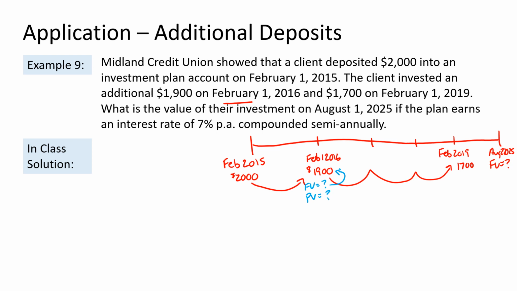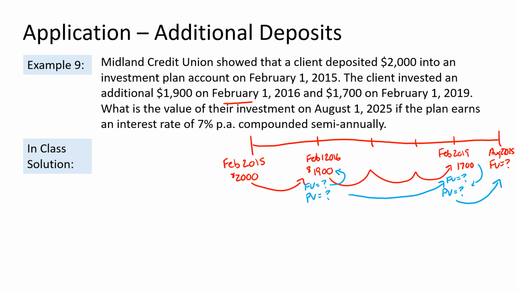Once again, we'll do another future value calculation to bring us to 2019. So we'll have a future value here. We'll take that number, add an additional $1,700 to it. That becomes our present value at that point in 2019. And we do a third future value calculation to find August 2025.